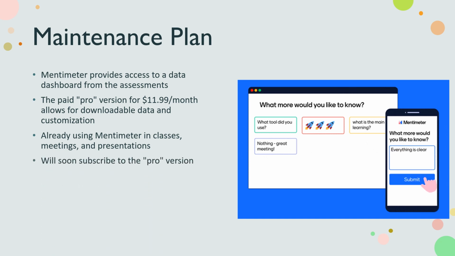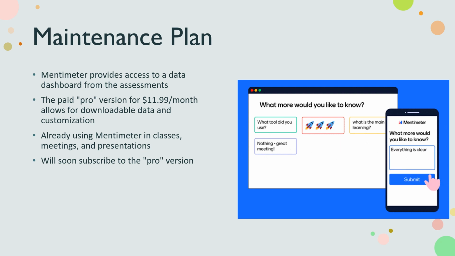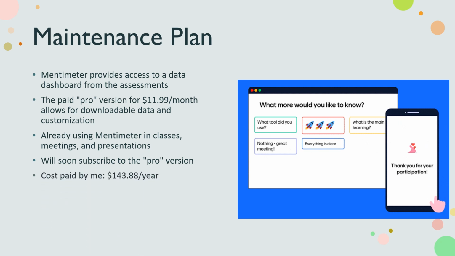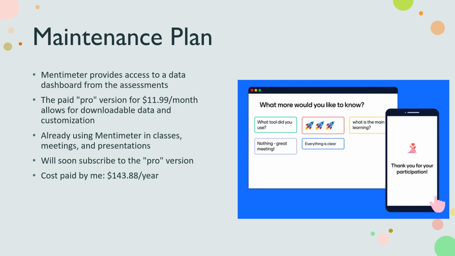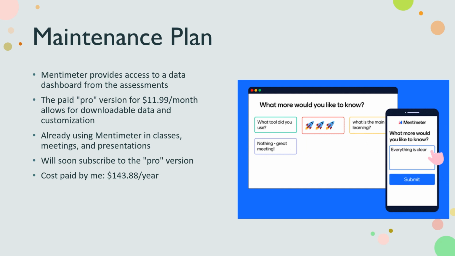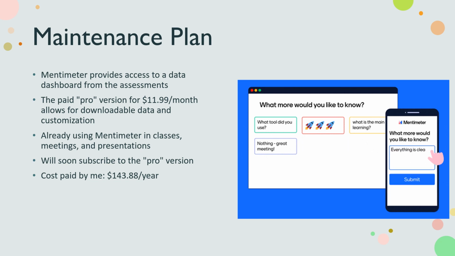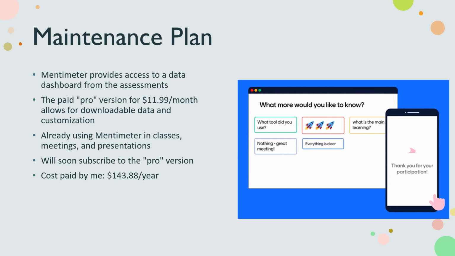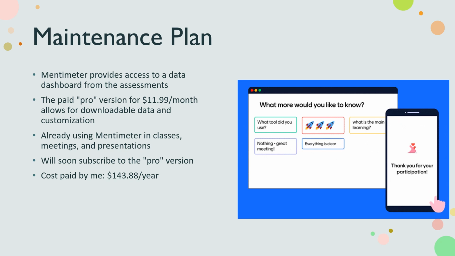So because of that, I'm most likely subscribing very soon to the paid version at $11.99 a month. And if you were going to pay for an entire year, that'll come out to roughly $144 a year. Initially, I would take the cost on that. If there was an opportunity to get it paid for out of a departmental budget, or if I could persuade a larger license at the college that could get a number of users, because there's other versions where you can pay for a larger subscription base, I would do so.